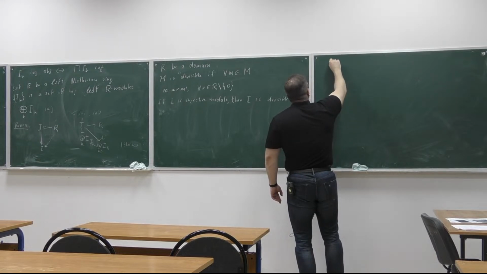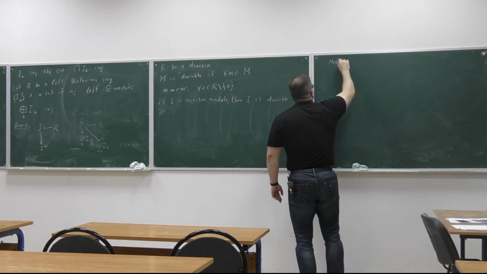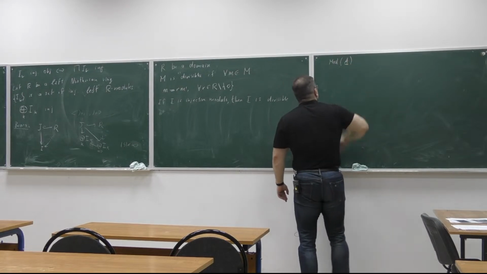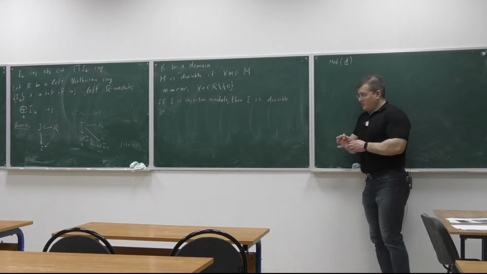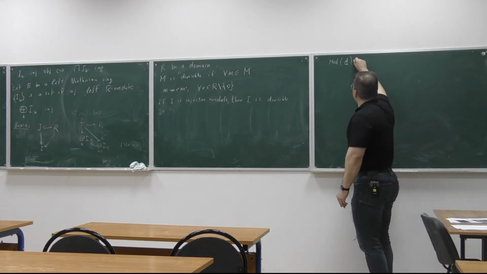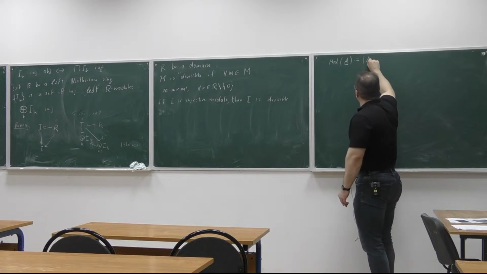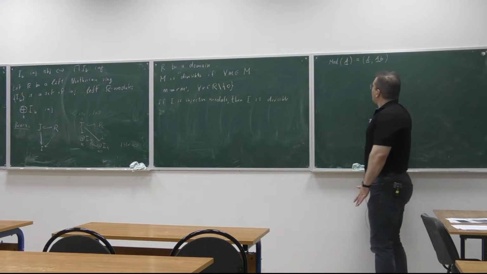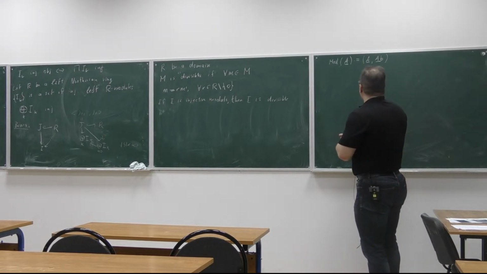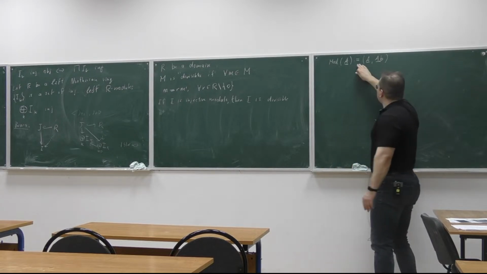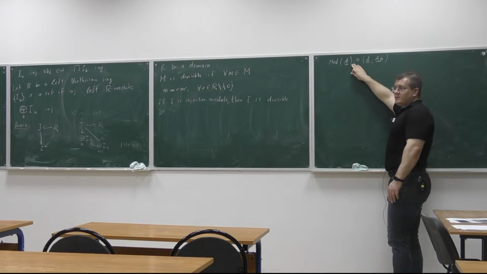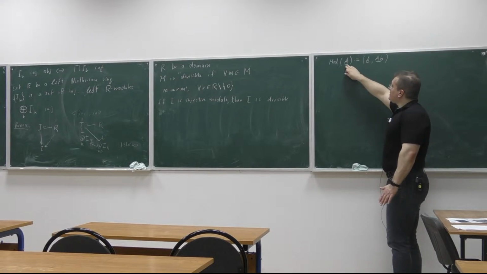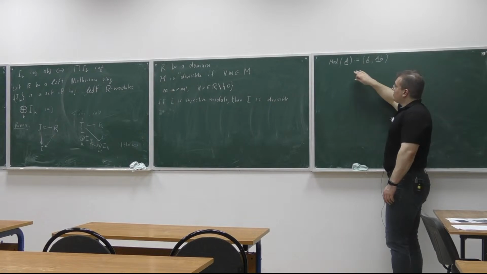Sometimes people consider modules over additive categories, in particular over abelian categories, and that would be just by definition all additive functors from the given category to the category of abelian groups. It's actually more or less straightforward to check that this category of modules is again abelian if A is abelian, and moreover, if A satisfies AB conditions, then this category also satisfies them.